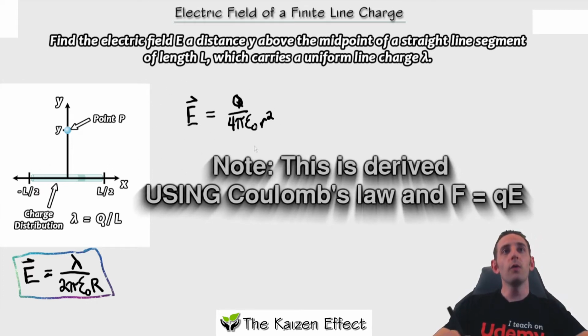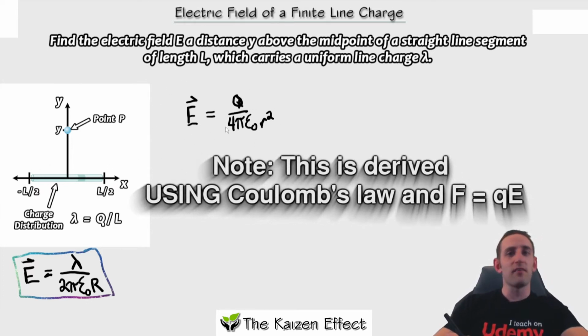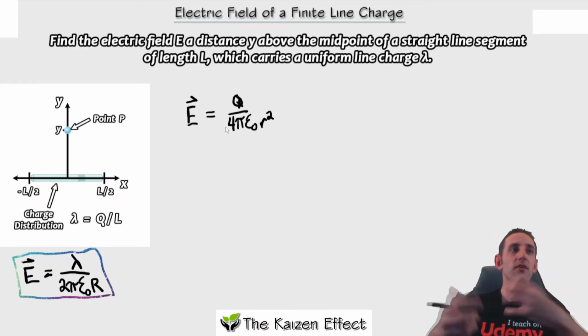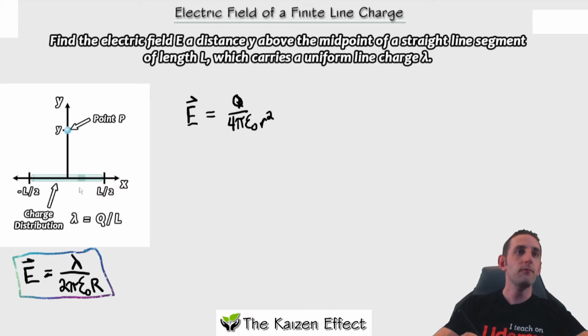And what we can do to solve this, since we can't use Gauss's law, which is our natural intuition, the choice we'd normally go with, is we can say, hey, this line charge is composed of little small charges we're going to call dq. All right, so this guy is dq, this highlighted element.